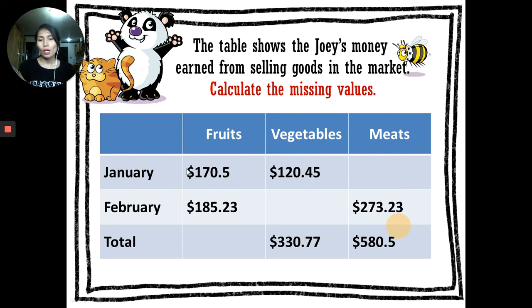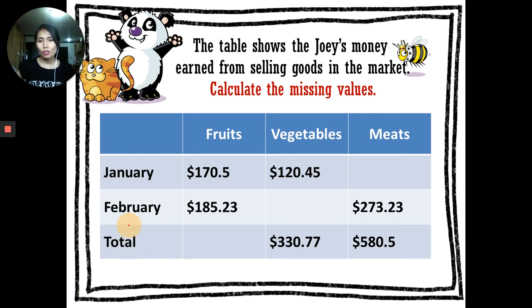Now on January, this is his income, February also, and the total. But there are missing slots here, missing data, values. We need to find the missing value. Remember the total should be the greatest number, right?